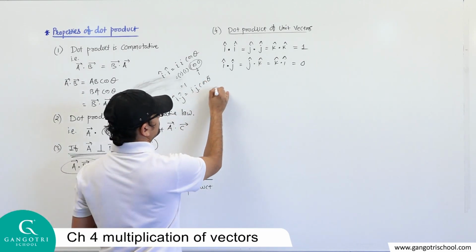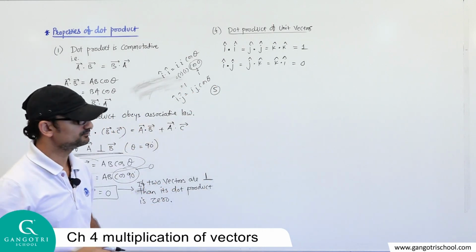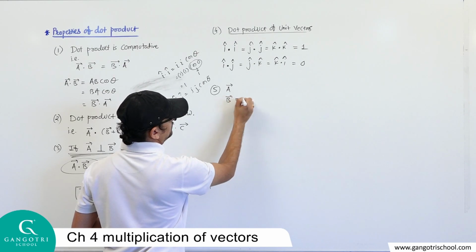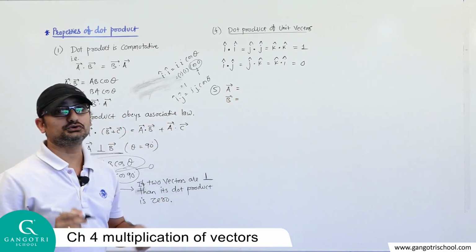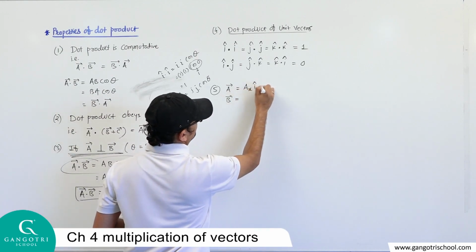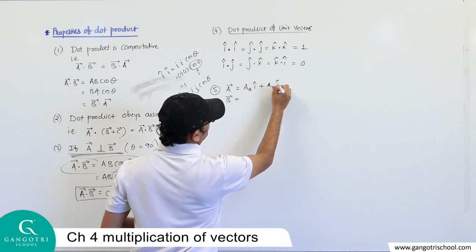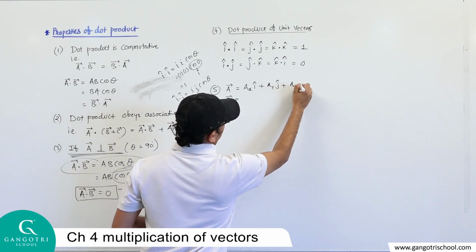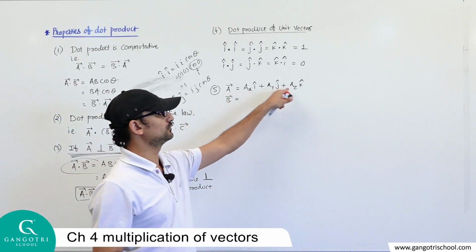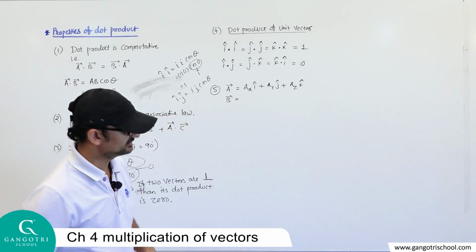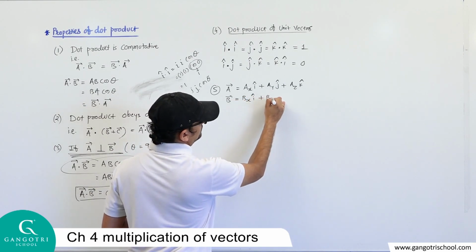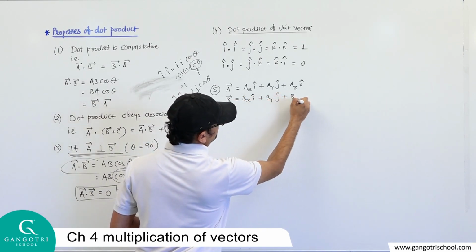Now the fifth one, it's one type of sum. Suppose two vectors are given to us, vector A and vector B, and this time the equations of vector A and B are given. Vector A is ax i caret plus ay j caret plus az k caret. Let's consider vector A in three dimensions, so it has all three components ax, ay, az. In the same way, vector B is equal to bx i caret plus by j caret plus bz k caret.